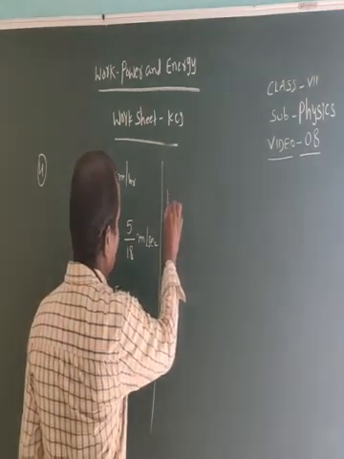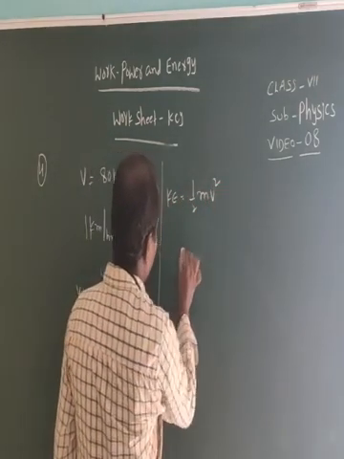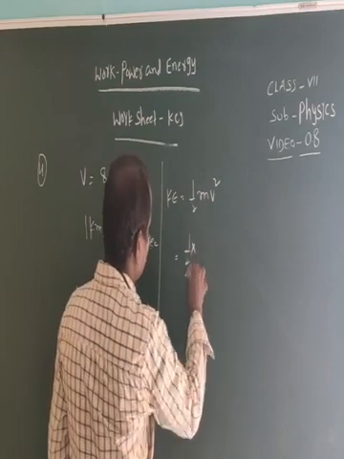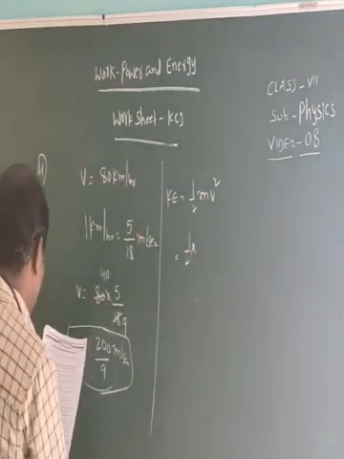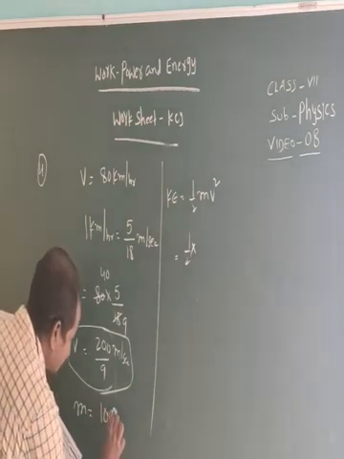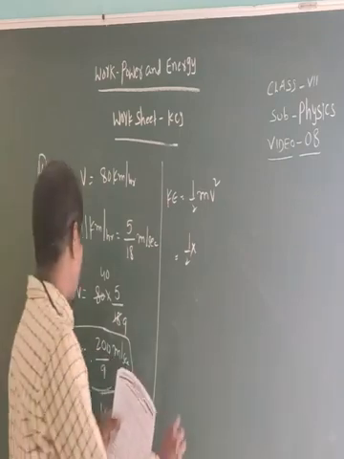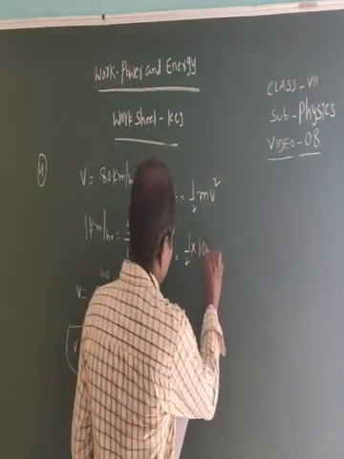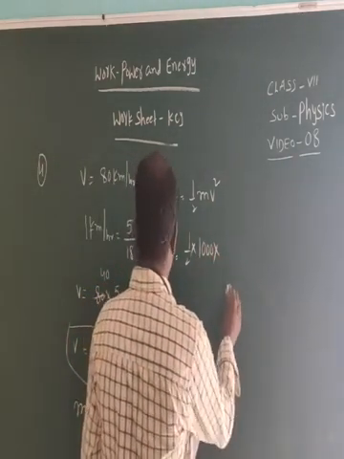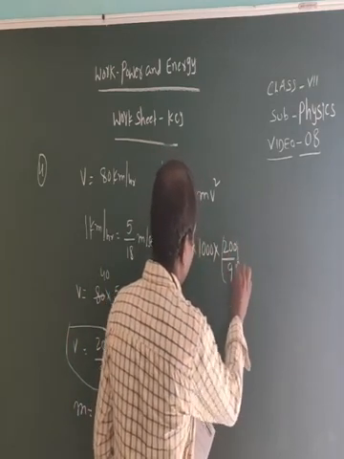Now K equal to half into m into v square. Mass is given. Mass equal to 1000 kg. So half into 1000 into 200 by 9 whole square.